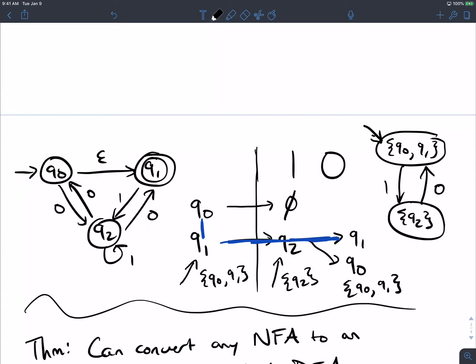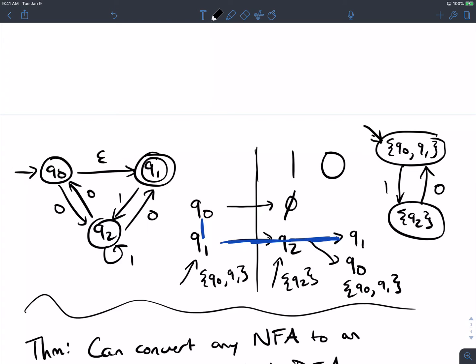Well, the 0 from the Q0, Q1 thing. And so what would it be in that case? Well, where would Q0, Q1 go? So from Q0 only, just ignore the epsilon transition, just Q0, where can I go on input 0? Just go to Q2. So I'm going to maintain a list of what we can reach so far.